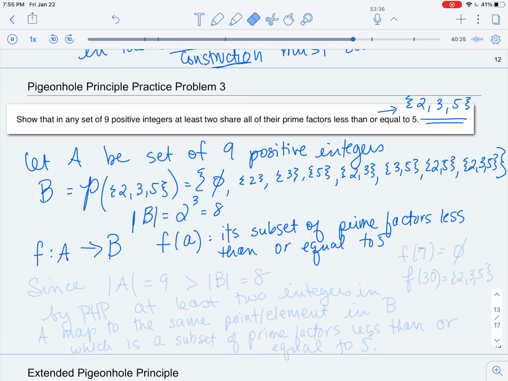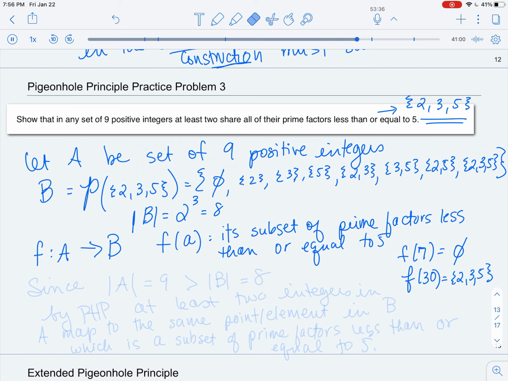That's what we're mapping; we're mapping each of the integers to that. Just to give a concrete example, if we had 7 in our set A, it would map to the empty set. But if we had the number 30, it would map to the entire set, and so forth.